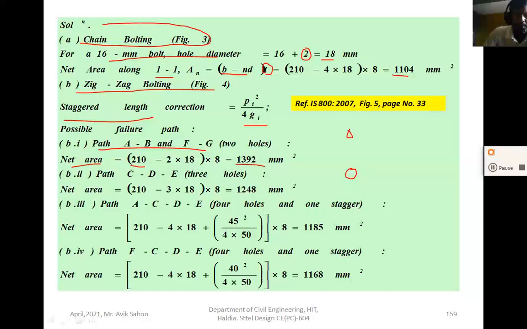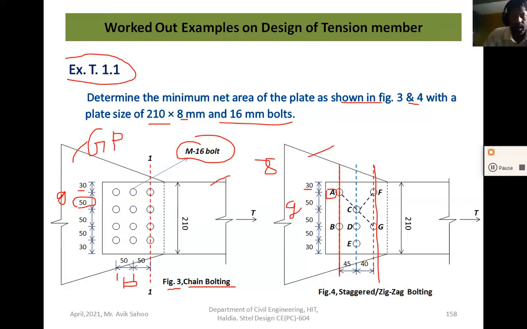Next we see the possible failure path CDE, 3 holes. Along this line 3 bolts are used, so 3 hole areas you have to subtract from the gross area.